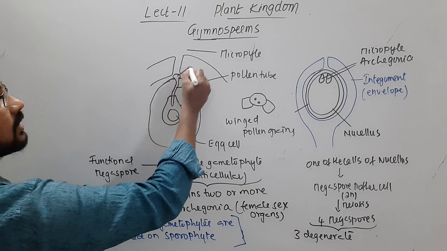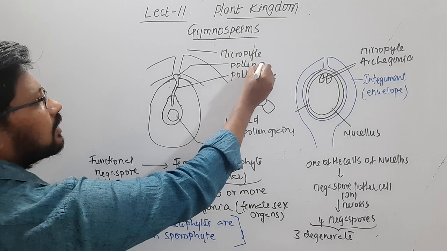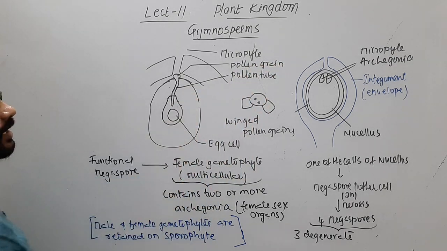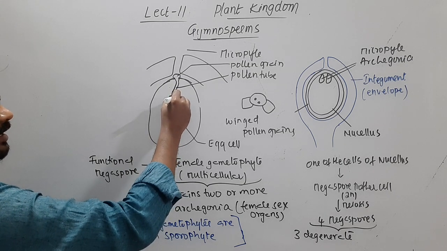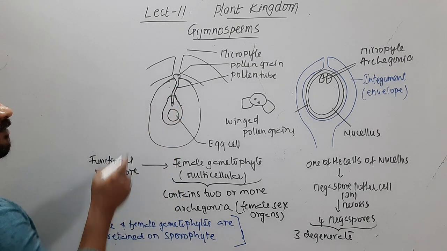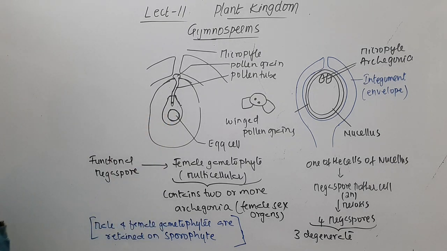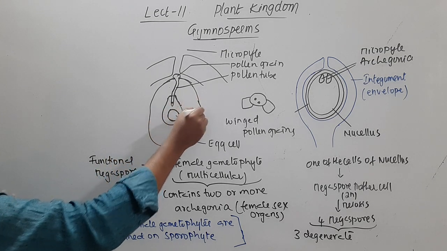So the pollen grain produces a pollen tube that contains the male gamete, resulting in the union of the egg cell and the male gamete, and that results in fertilization.